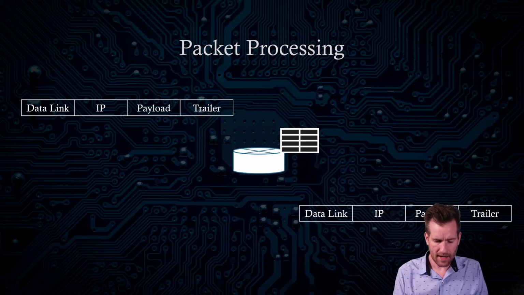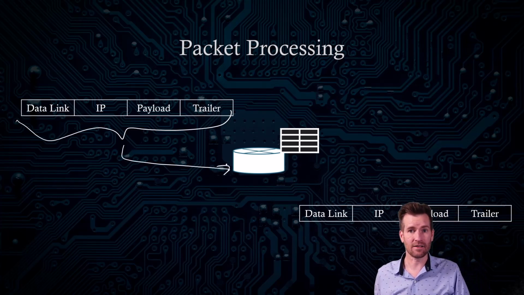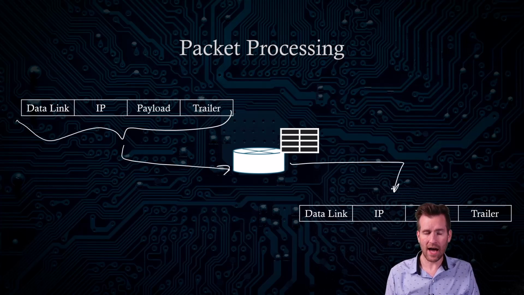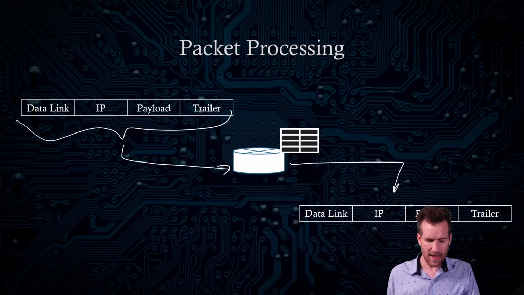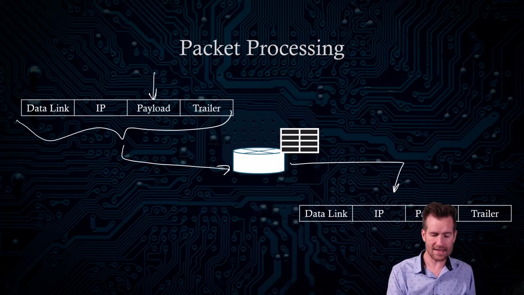In this diagram right here, we are going to be processing a packet. The packet is going to come in on an interface. The router is going to process it, and then it's going to go out and look a little differently. As this packet comes in, it has certain information in it. First of all, it has the payload.